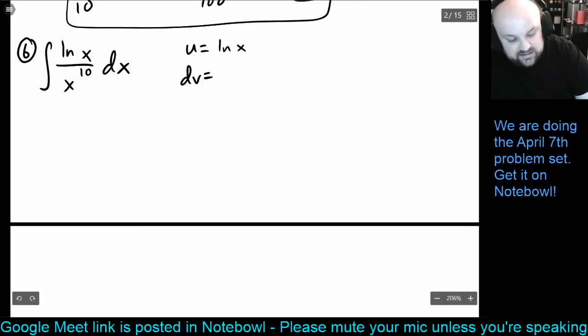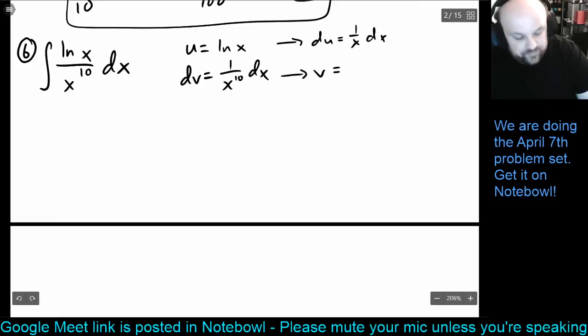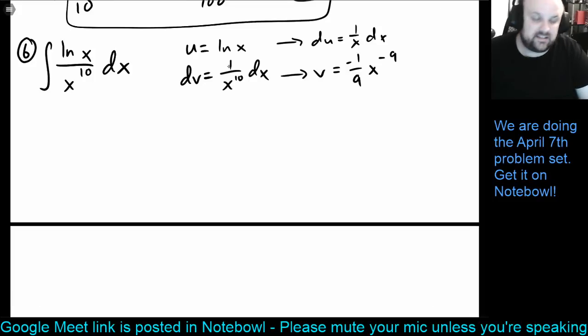So ln x is still our u, it's our logarithmic part. 1 over x to the 10 is an algebraic part, so that's our dv. So du is 1 over x dx. v is minus 1 over 9 x to the negative 9, right, because this is x to the negative 10, and we just use the usual power rule on this.